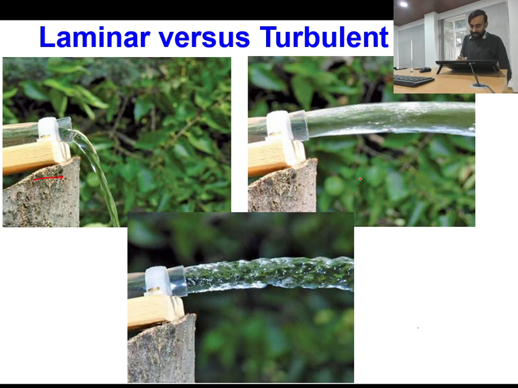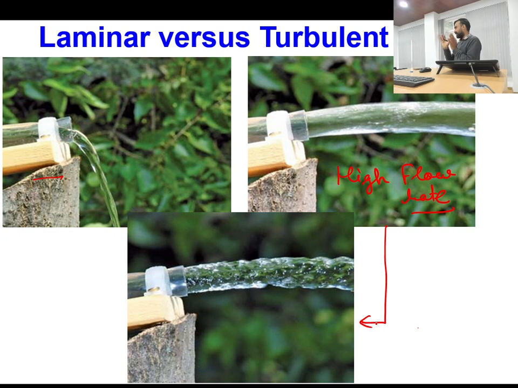Then you can see that at a high flow rate you will find some sort of disturbances within the flow. At the same flow rate, if you adjust the shutter speed of the camera to have a small exposure time, you can even capture these disturbances on the surface of the jet.